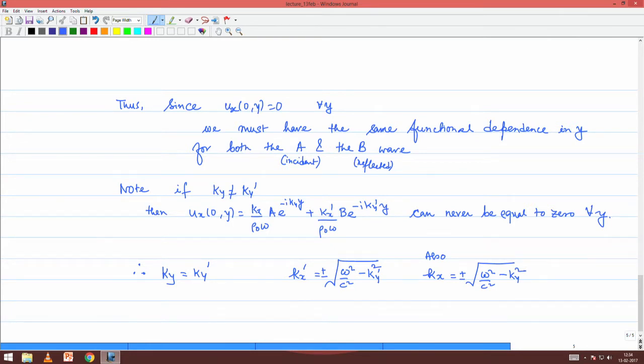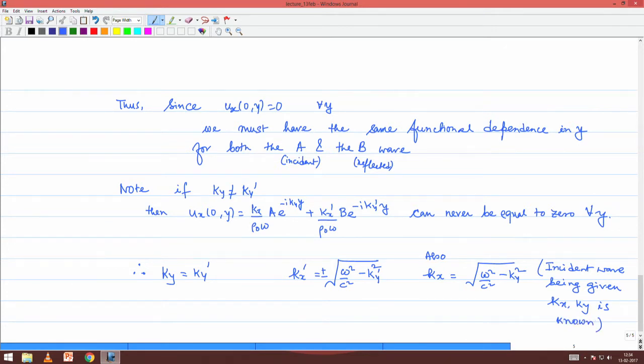But we have said that the incident wave is given to us. Given the incident wave, we are trying to determine the reflected wave. So, we are assuming the sign of k_x is given, because the incident wave is given to us. The incident wave being given, k_x, k_y is known.